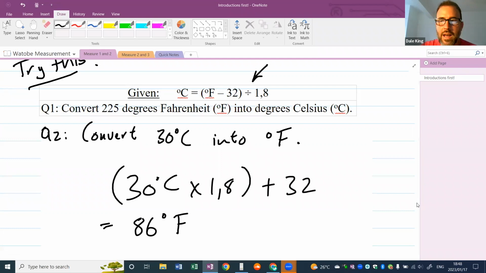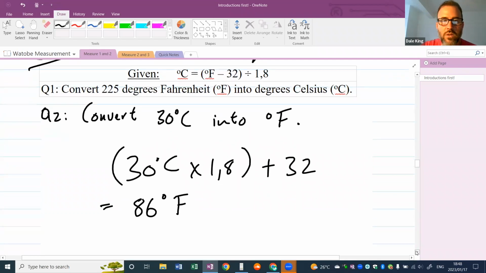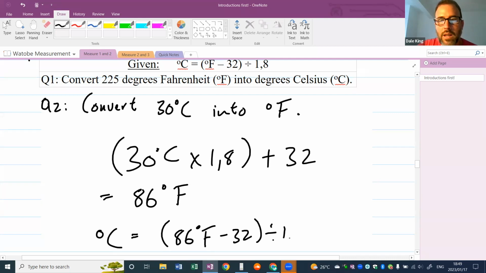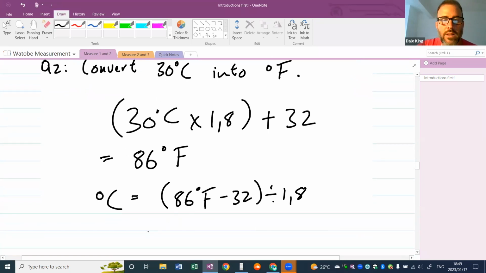All right, now how can we test if this is true? Well, we can go back to the original formula and plug in the 86. So to get degrees Celsius again, which should be 30, let's check. If we take our 86 and we minus 32, and then we divide by 1,8 again, we work backwards the other way now. Let's see what we get.